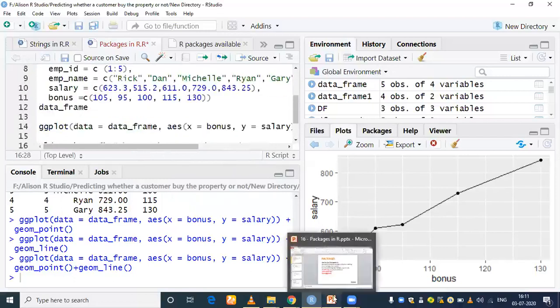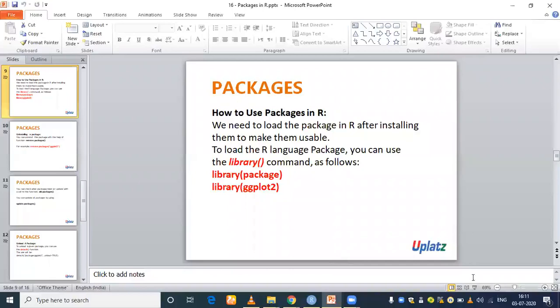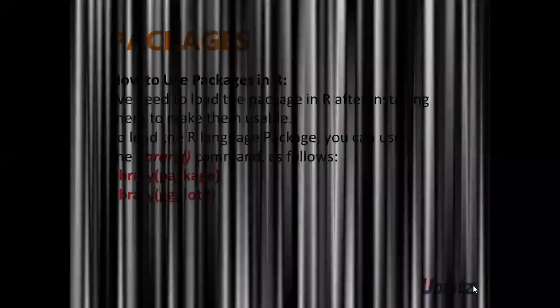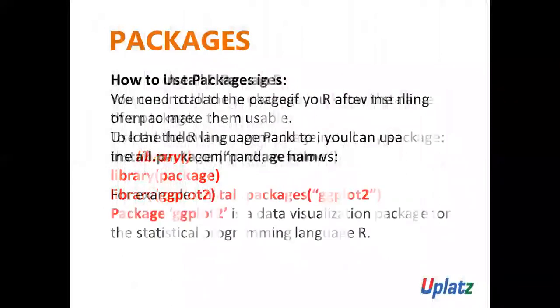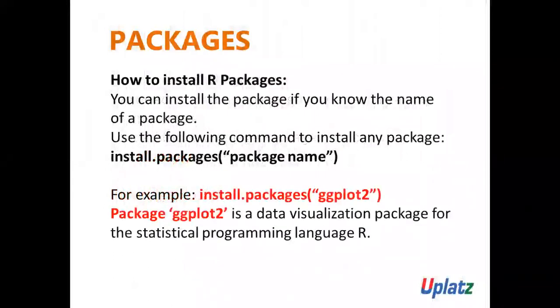Now let's see the next topic, about packages. So till now we have seen that with the help of .libPaths, you can see the library location where the packages are installed. After that, we have seen the library function through which you can see all the available packages.